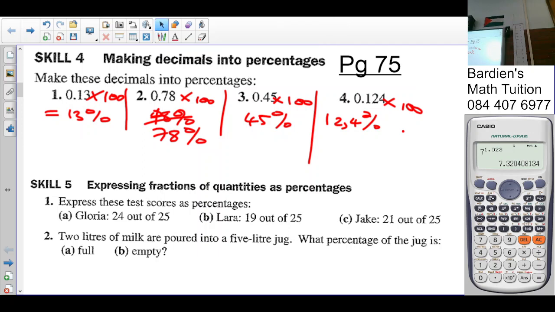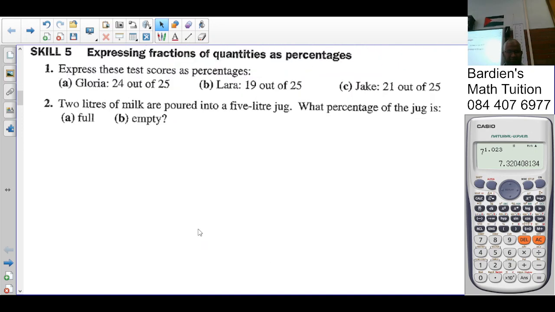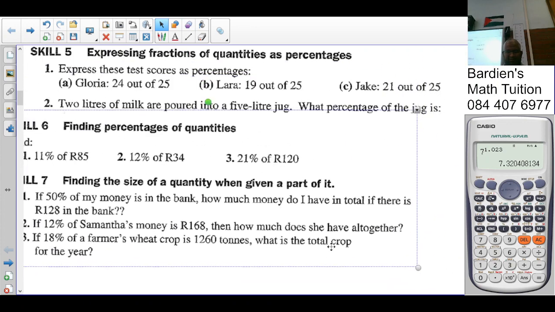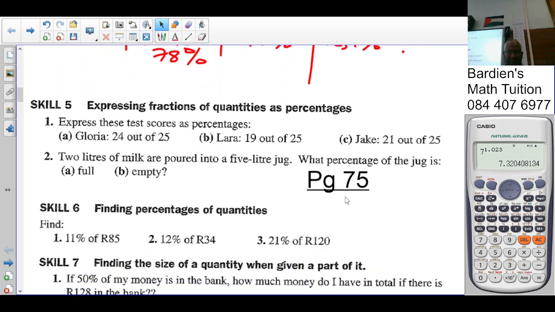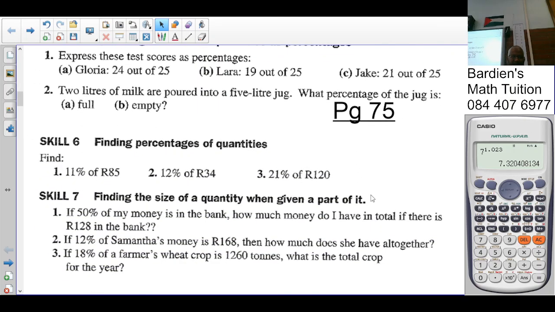People, for homework, I want you guys to do skill 5 on page 75 of the diagnostic skills test, skill 5, 6 and 7 from page 75. That's your homework, okay?